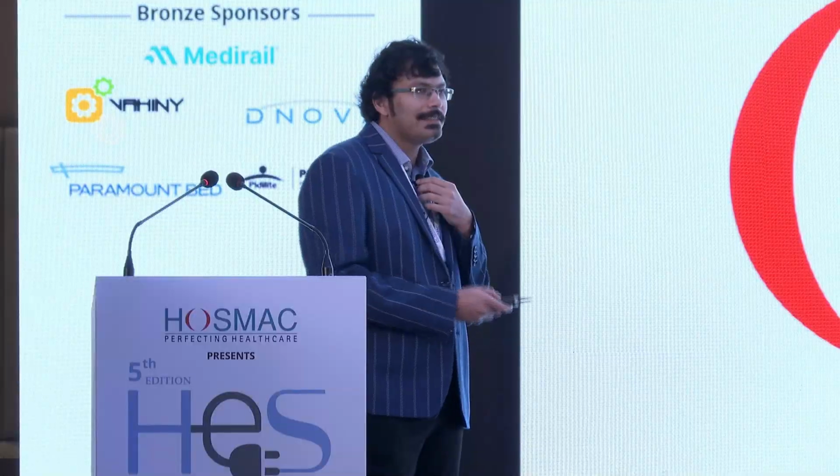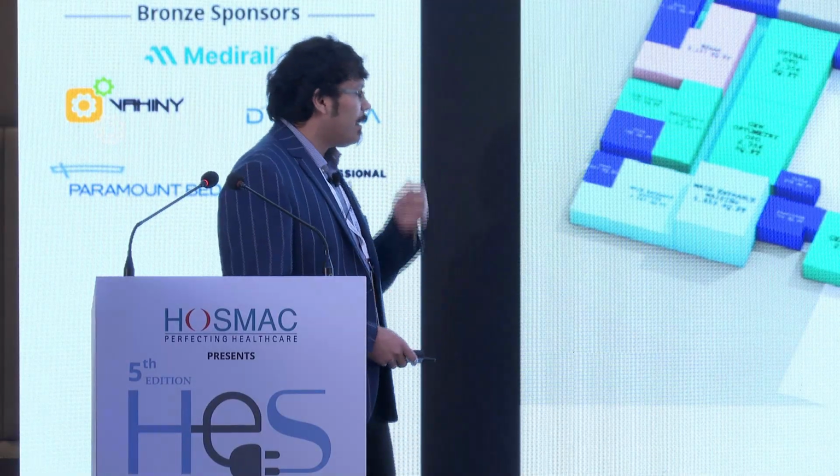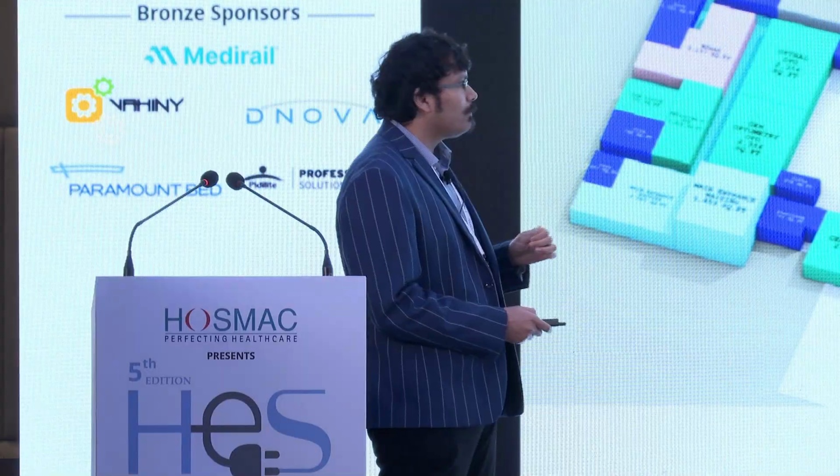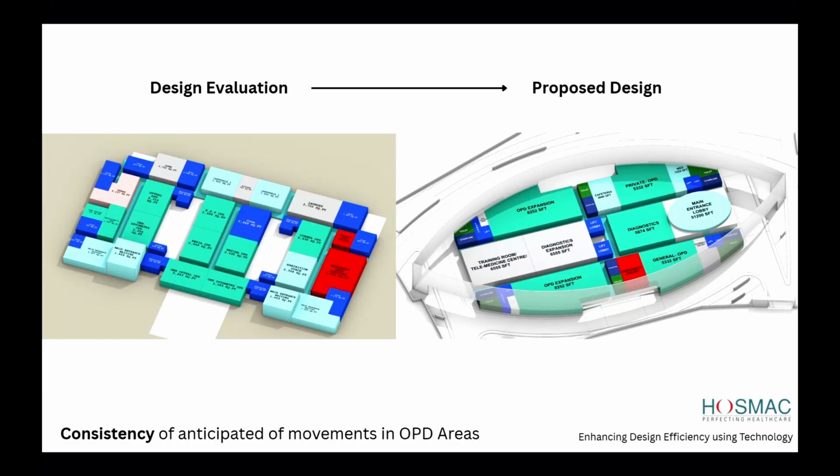Right. So the next quality of efficient design is consistency of anticipating movements within the OPD area. So in the design studio, we often work with different kinds of design options, right, as Ishan mentioned earlier. But when setbacks change, when the brief changes, you're often provoked to think if the existing design that I did is good or not.